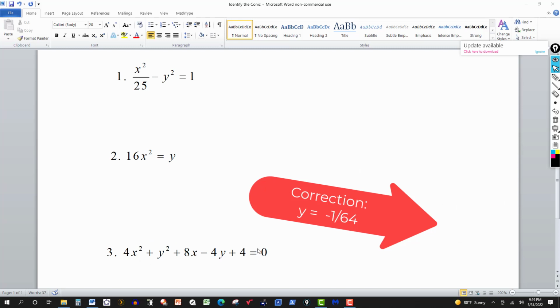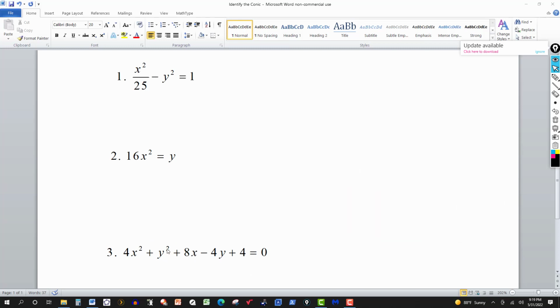So this one is in the general form, so we have to go through and complete the square. Notice it has two square terms, but neither one has a minus, so you don't expect a hyperbola. We haven't talked much about circles, at least in the last few videos.